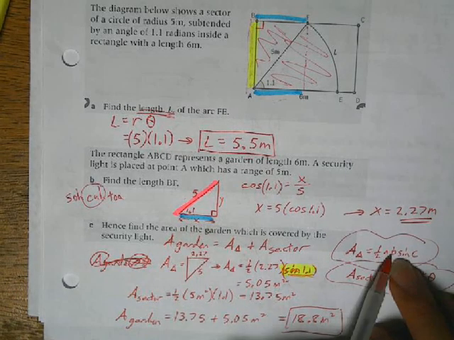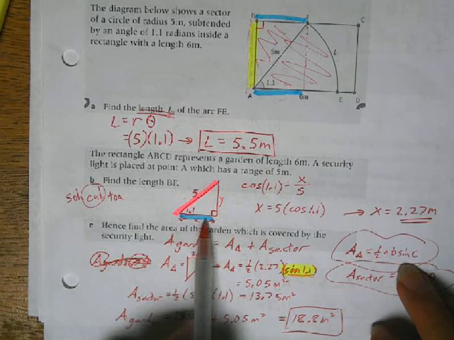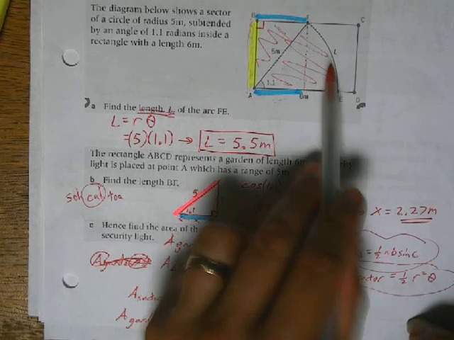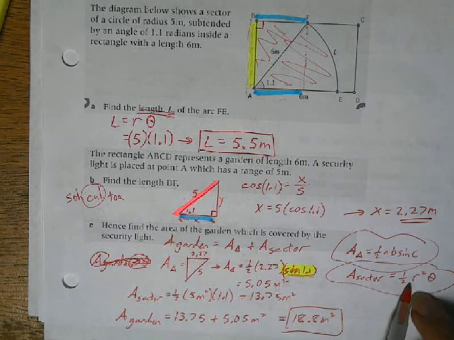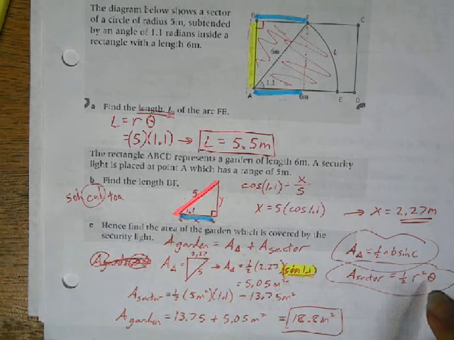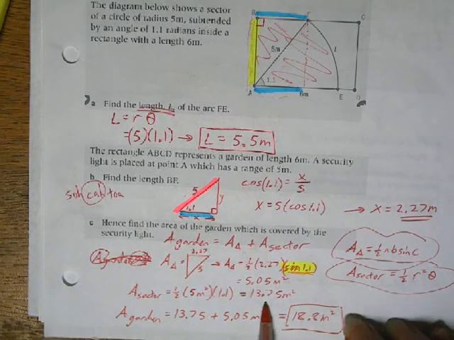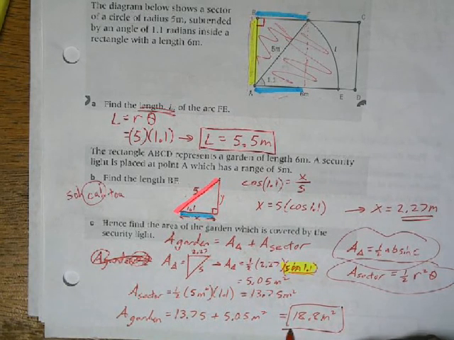This right here is side 5, and we did sine of 1.1. Okay. Then the area of the sector is this part right here. So we know that it's 1/2 r squared theta. So we can do 1/2 times 5 squared, and theta we know is 1.1, and then we get 13.75. Okay, so for the garden, you're going to add them together to get this.